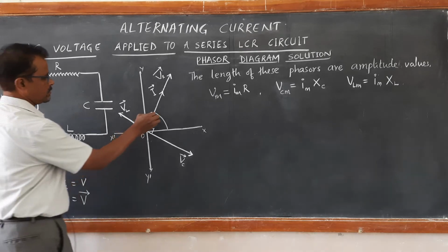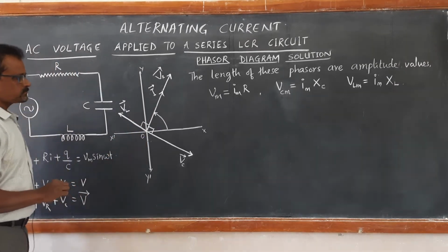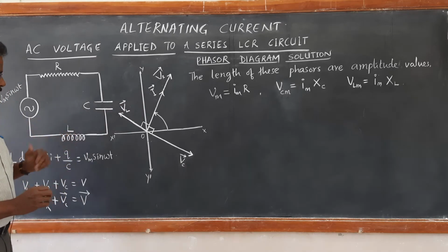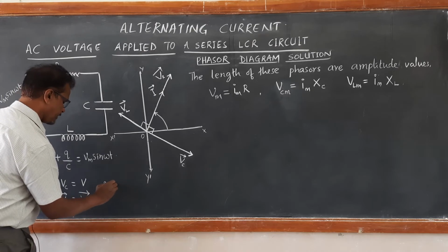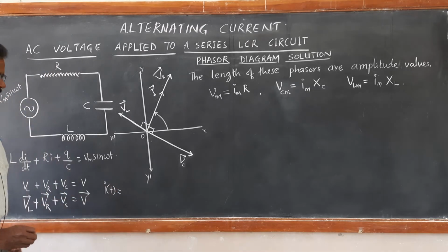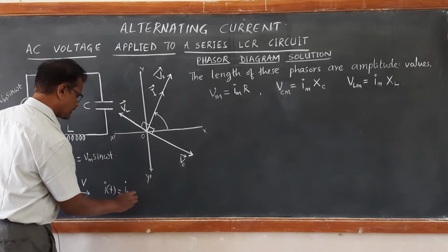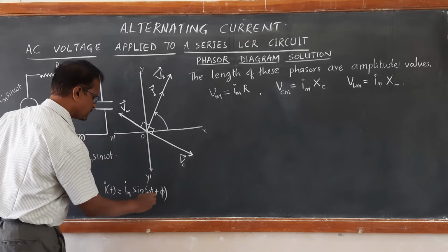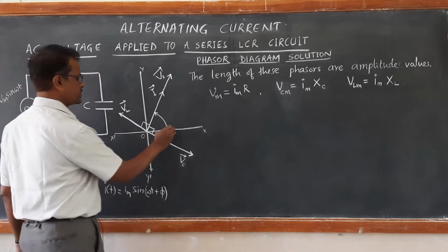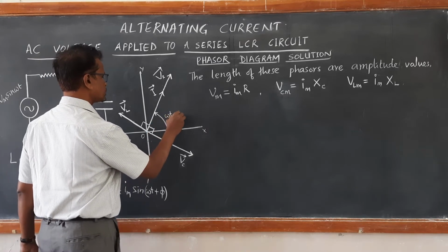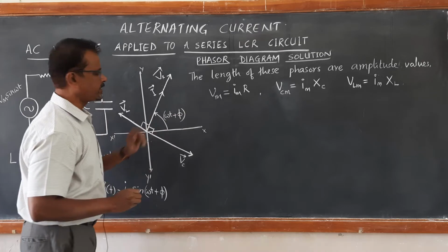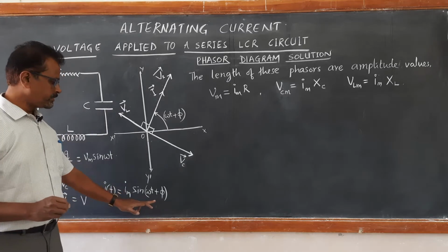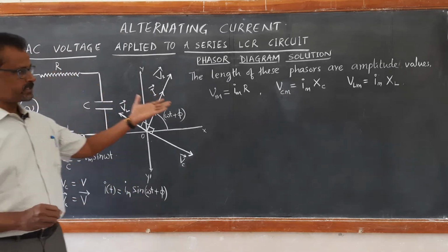And here at a certain angle, the angle of this current I, which we have written earlier, if you remember, we assumed current as a function of time t, I equals Im sin(omega t plus phi), where omega t plus phi is the angle at any time t, and phi is the phase, which we are going to find out, this phase relation between voltage and current, using this phasor diagram method.